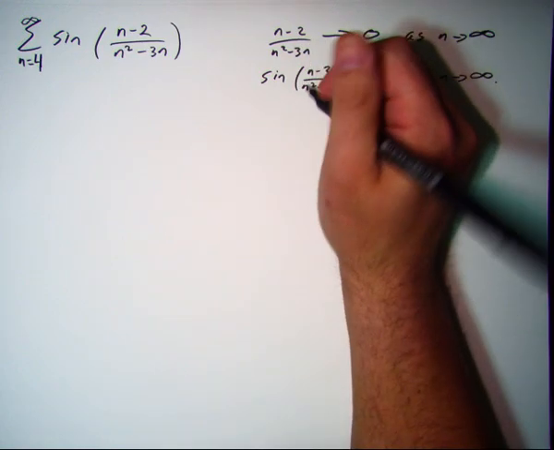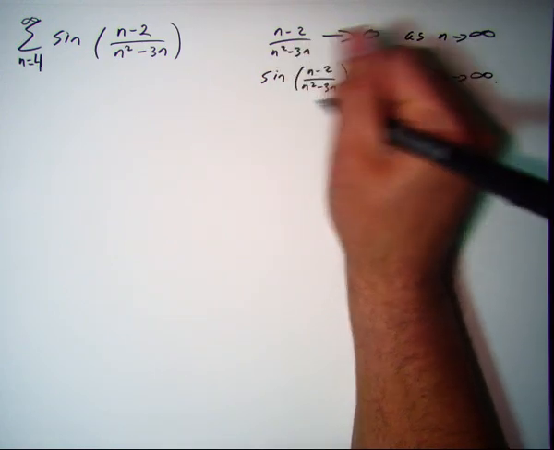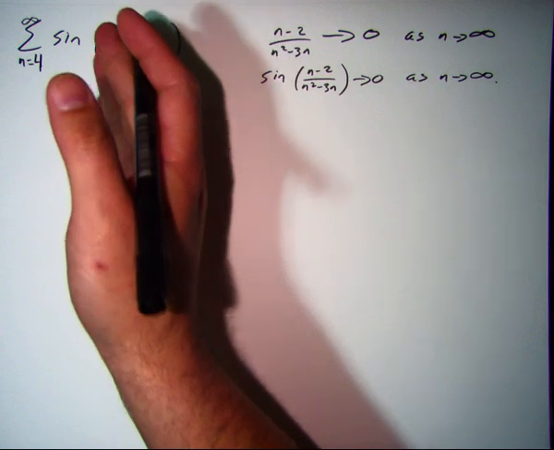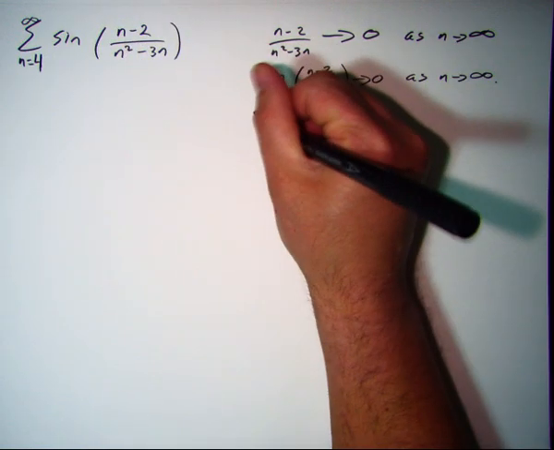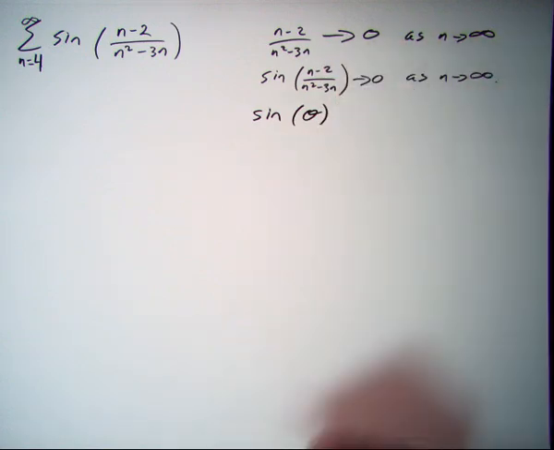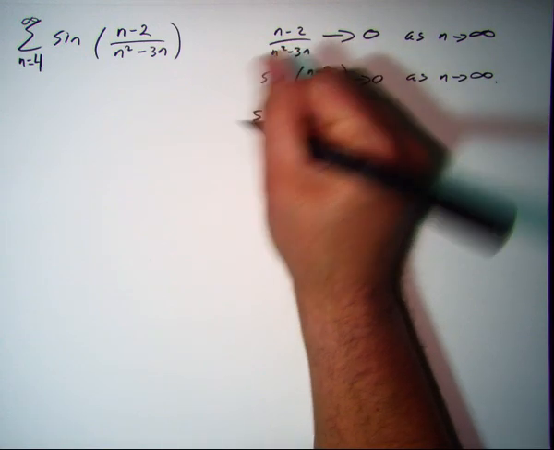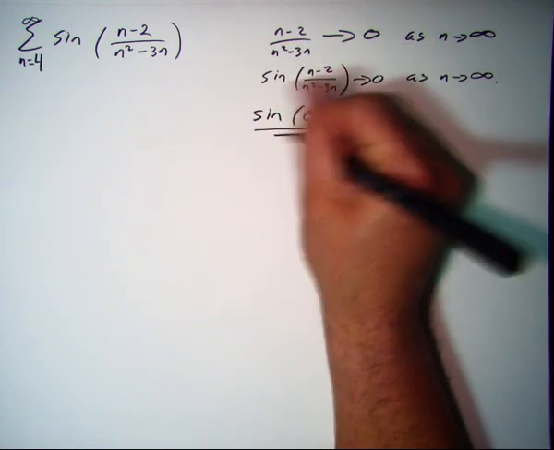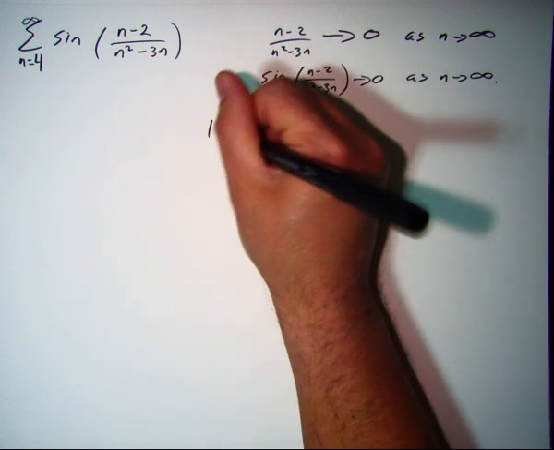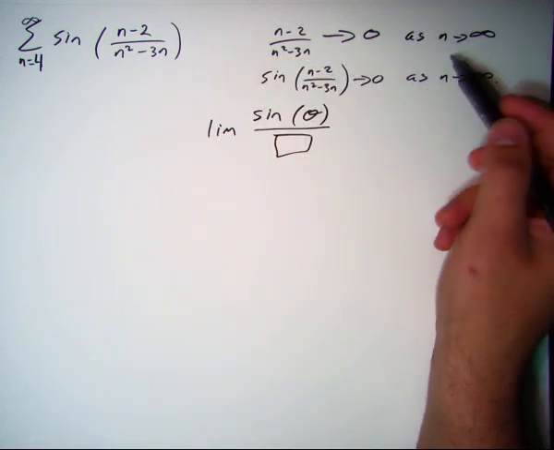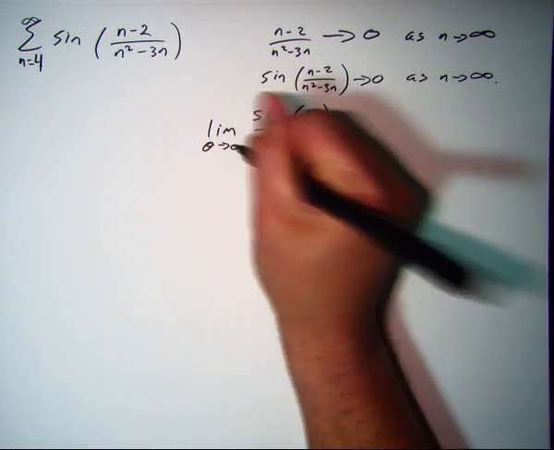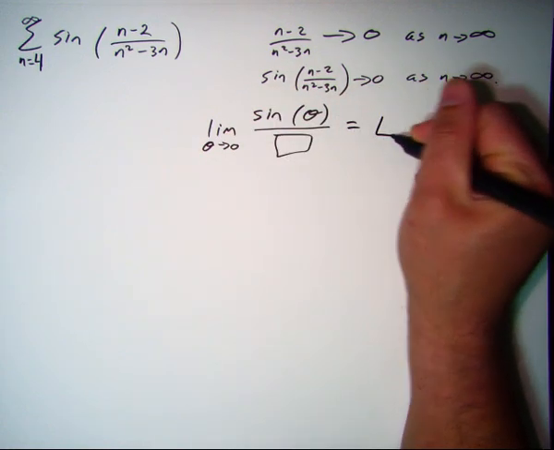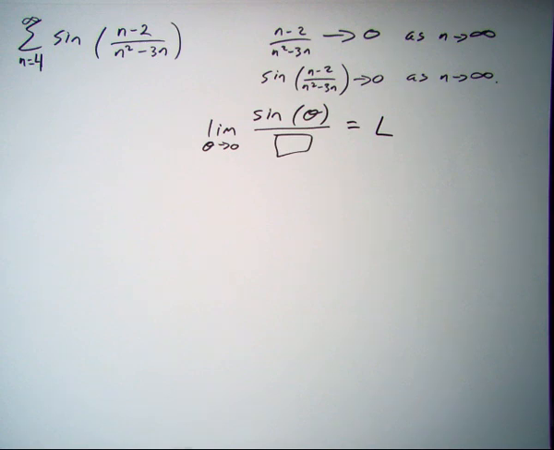Well, there's something that I know in terms of limits that involve sines. Over here, I have sine of some angle, sine of theta. And I want to compare it to something else in such a way that when I take the limit as n goes to infinity, my theta goes to 0, and I want this to give me some L, which is a positive finite number.